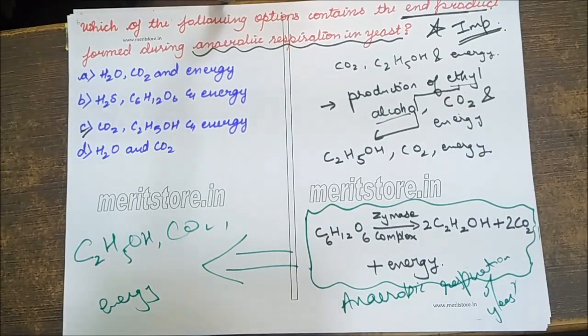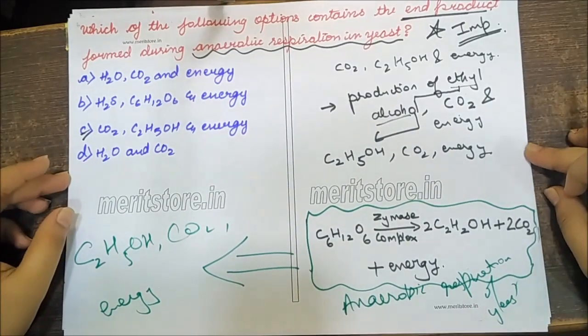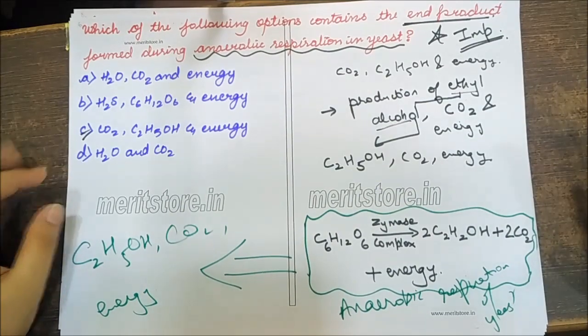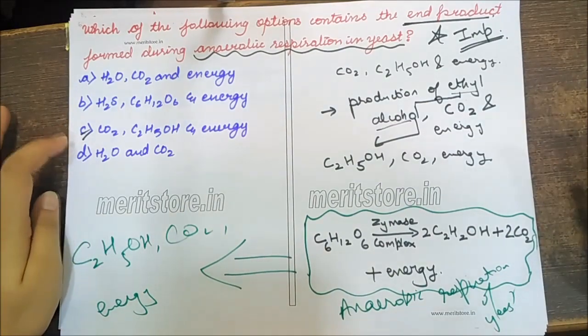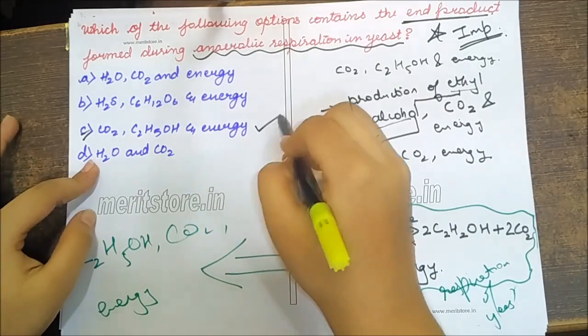C2H5OH is ethyl alcohol, CO2 is carbon dioxide and also with energy. So the end product formed during anaerobic respiration in yeast is option C.